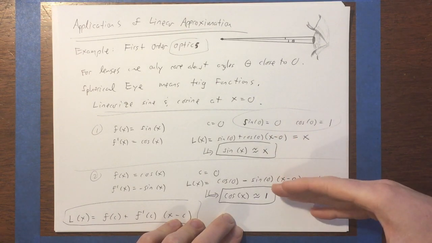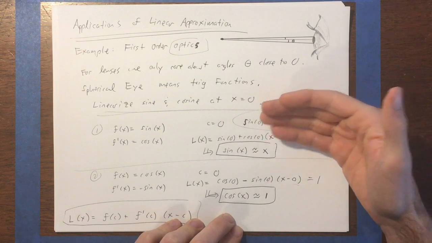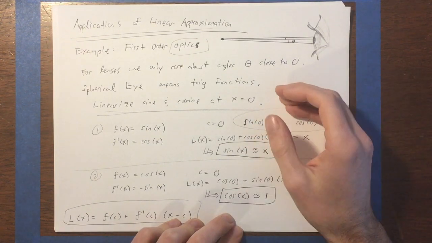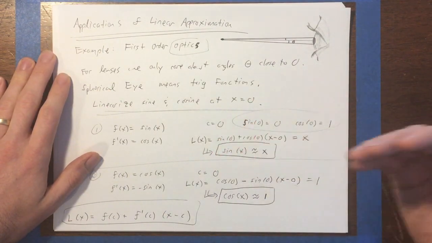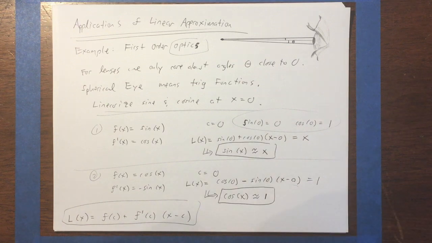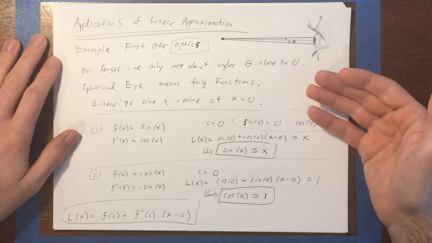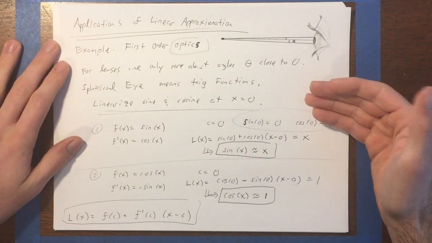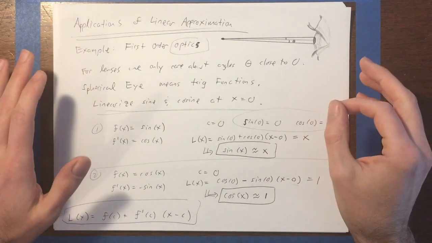You can also do approximations with second degree polynomials, the quadratic polynomials. You could also do third degree polynomials. So besides first order optics, you also have second order optics or third order optics, where you're using successively higher degree polynomials to approximate the trig functions. The higher the degree of polynomial you use, the more accurate your approximations are going to be.